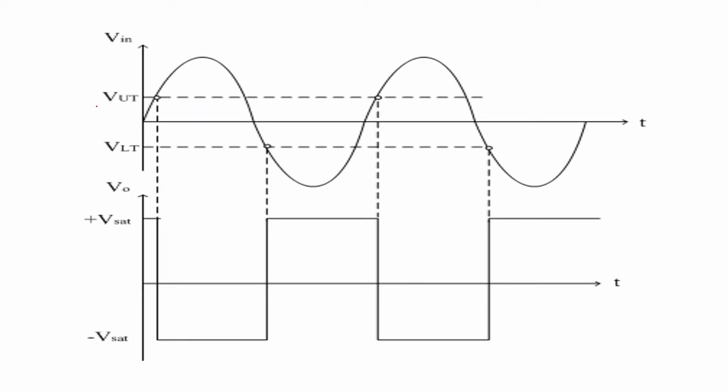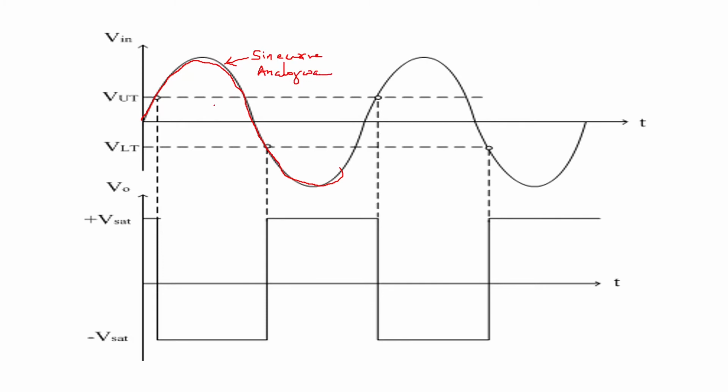Now the sine wave which you apply to the inverting terminal is this sine wave. You can also call it an analog wave, because it is continuously varying with time.